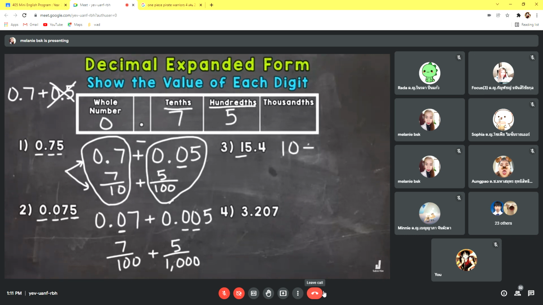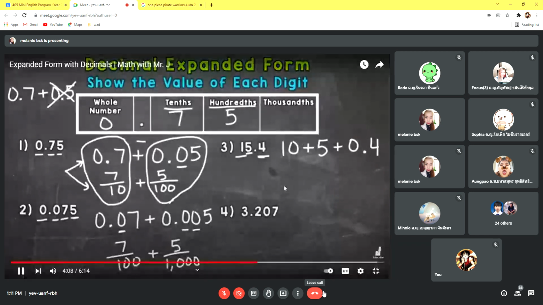Plus, this 5 in the ones place has a value of 5. Plus 4 tenths here. I'll write it in decimal form first. We have the 1, the 5, and the 4 included, and we showed the value of each. In fractional form, the whole numbers are going to stay the exact same. The decimal, however, is going to be 4 tenths.